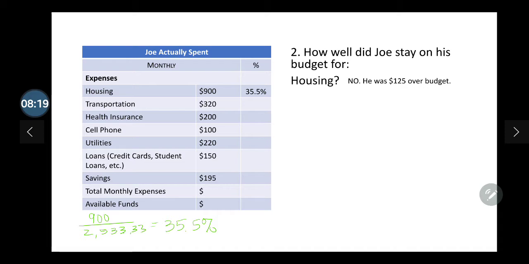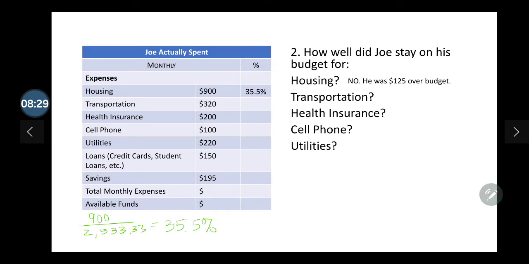Now, using that same method, I want you to figure out how well he did on transportation, health insurance, cell phone, utilities, loans, and savings. And then tell what his total monthly expenses were and the available funds that he actually had left over when he spent his money.